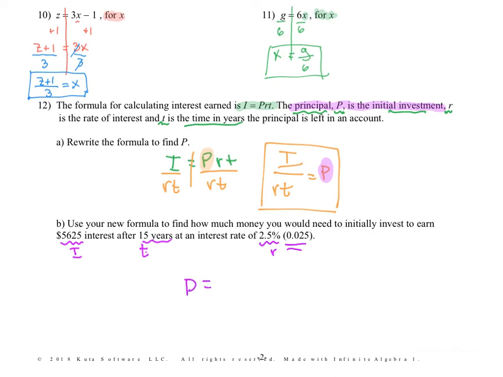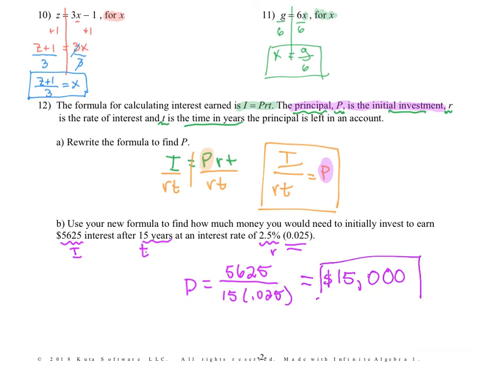My principal then is I, which is 5,625, divided by 15 times 0.025. So you will definitely need a calculator for this part, but there will be one embedded in your test. It turns out that the principal amount needs to be $15,000. And we're done.